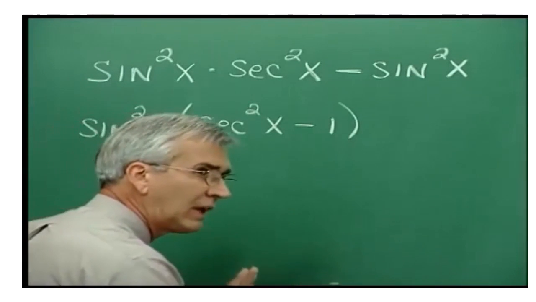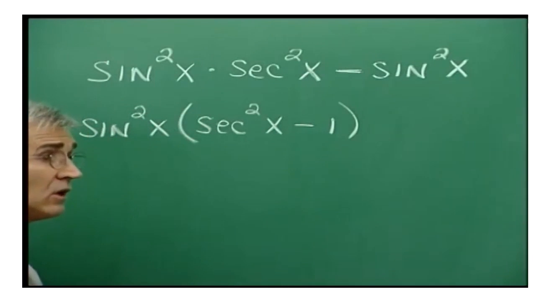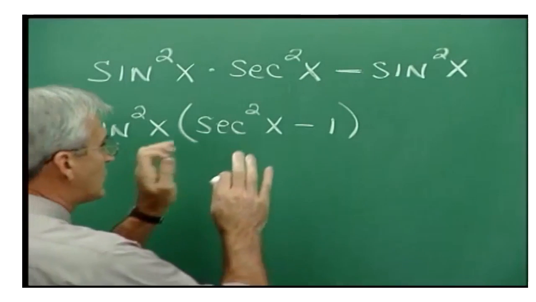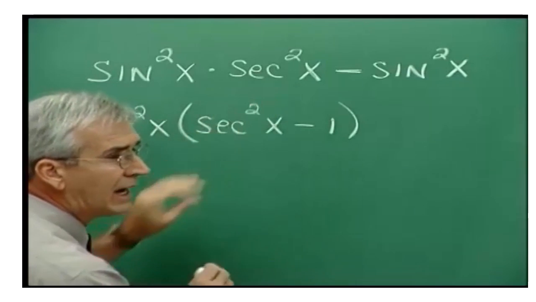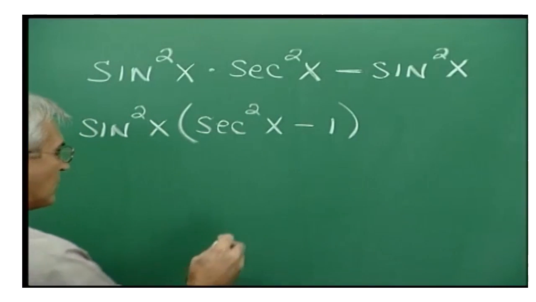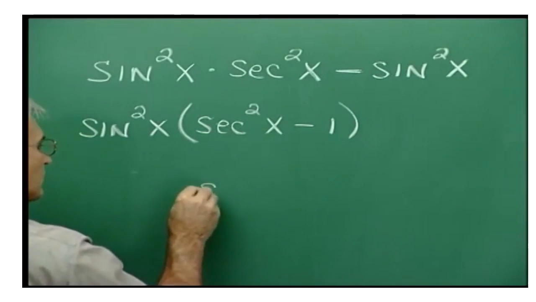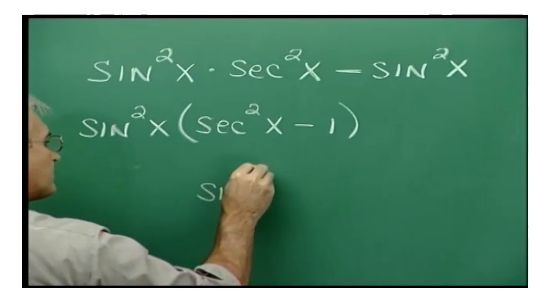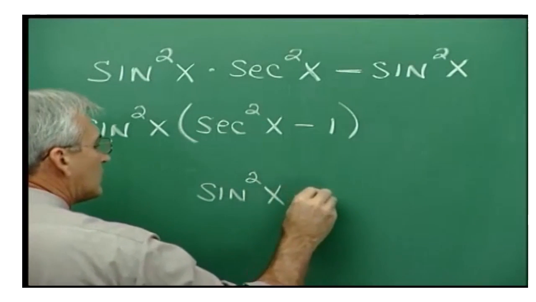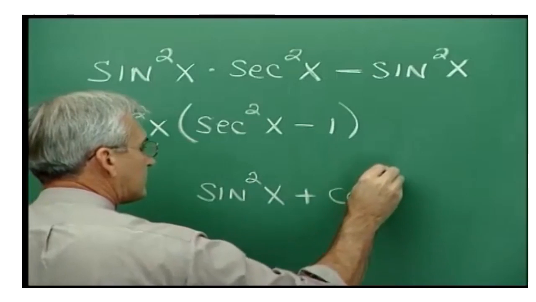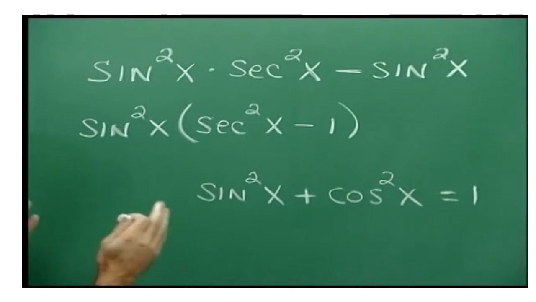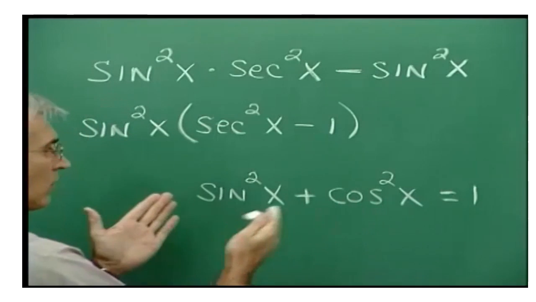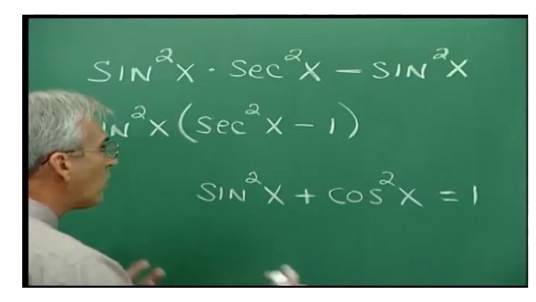In order to decide whether this is replaceable using a Pythagorean identity, what you might do is go to sine squared x plus cosine squared x equals 1, and just divide through by sine squared or cosine squared and see what emerges.